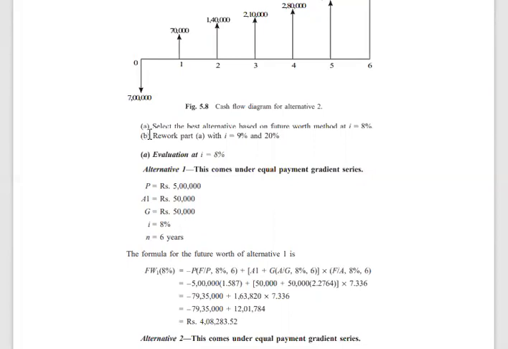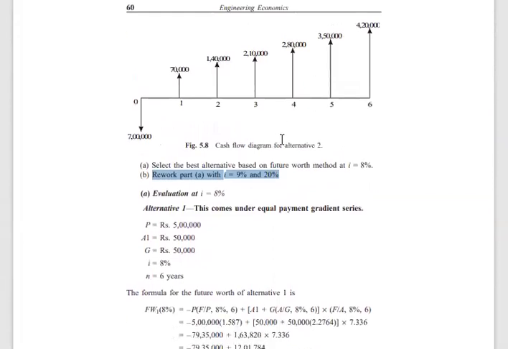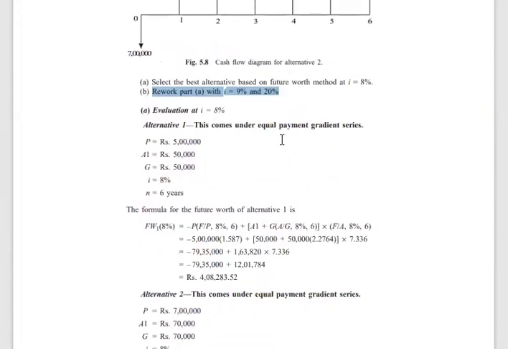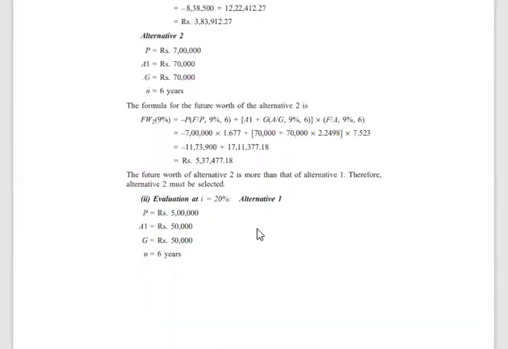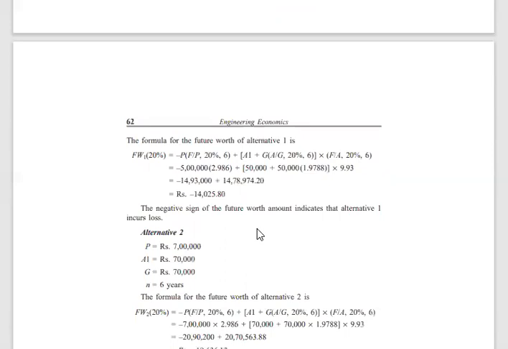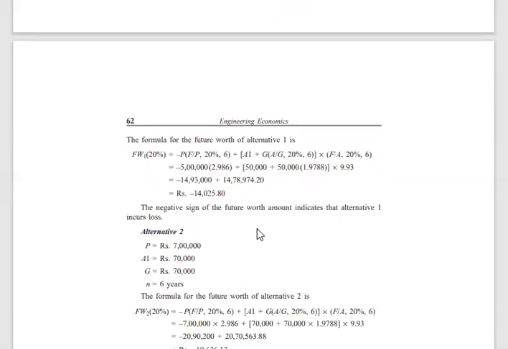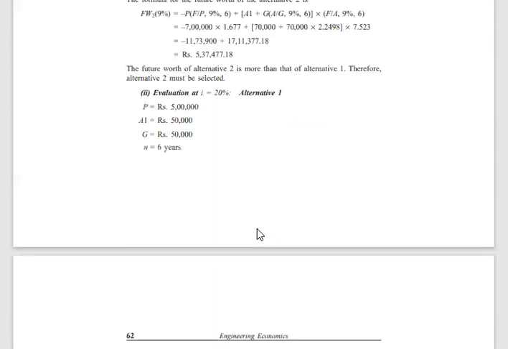And here they have said to rework part A with 9 percent and 20 percent. So now, instead of 8 percent, you can check with 9 percent and 20 percent.